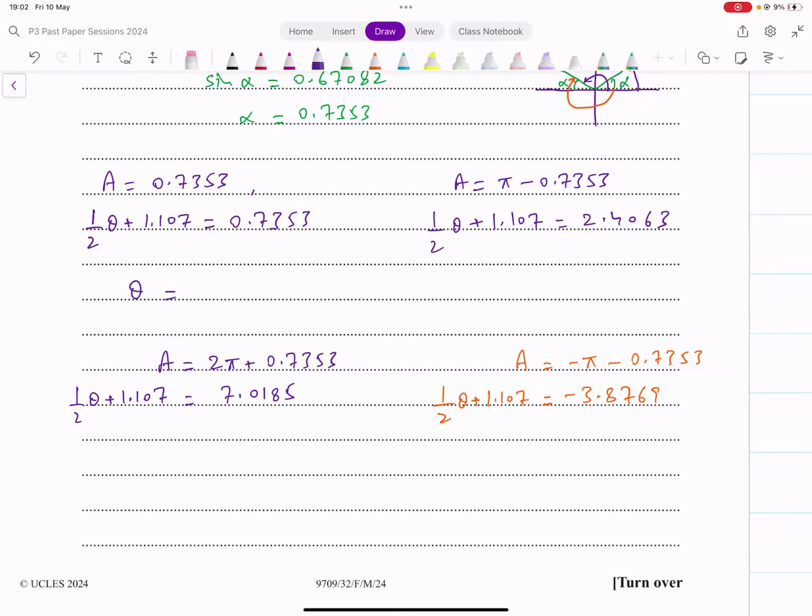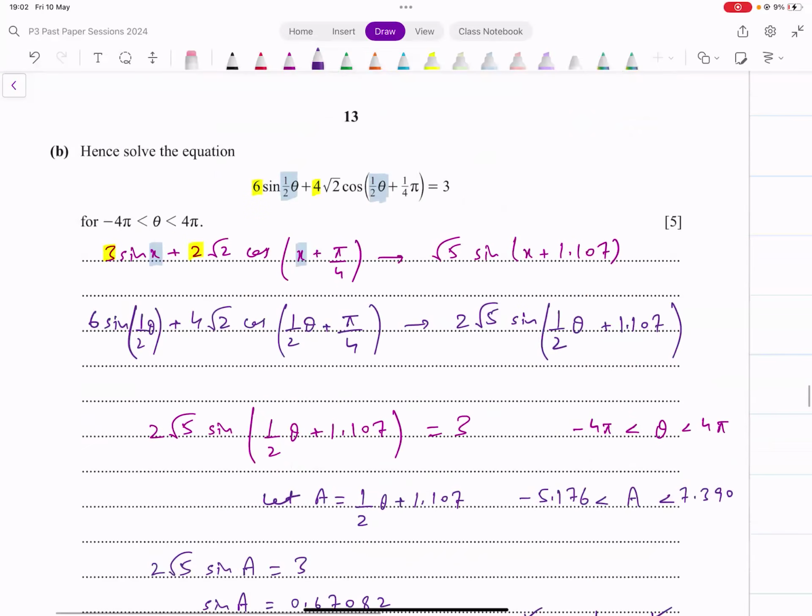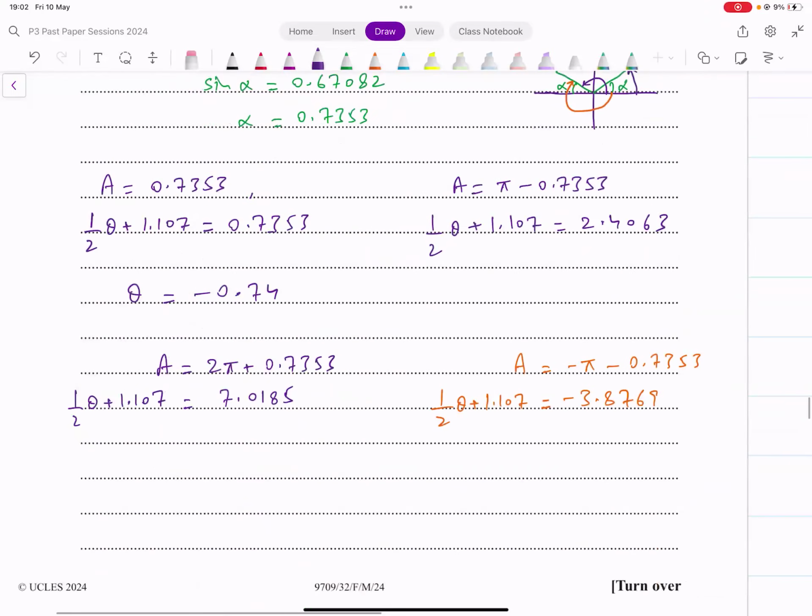The first one gives us 0.7353 minus 1.107, multiplied by 2, and that is giving me minus 0.743. That's one value of theta. What else? 2.4063 minus 1.107 multiplied by 2. That's 2.60.